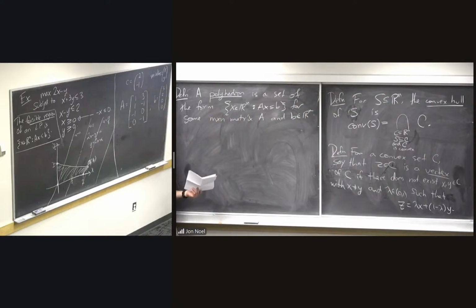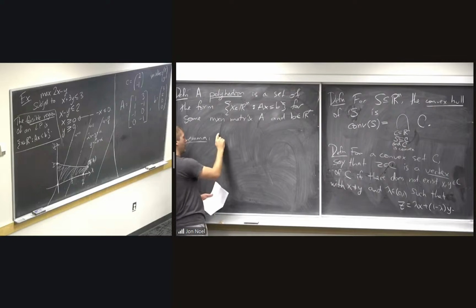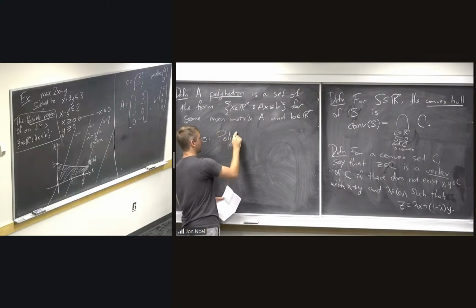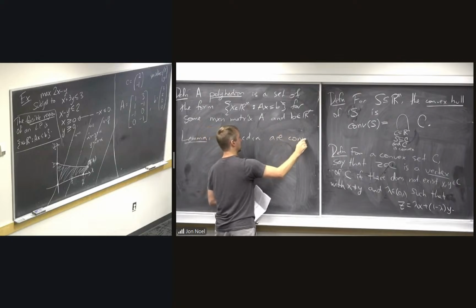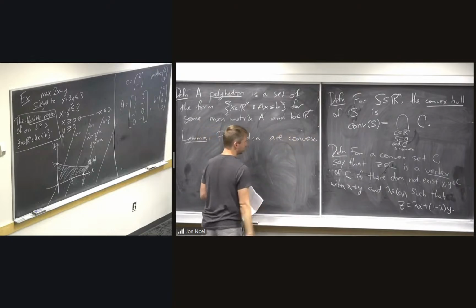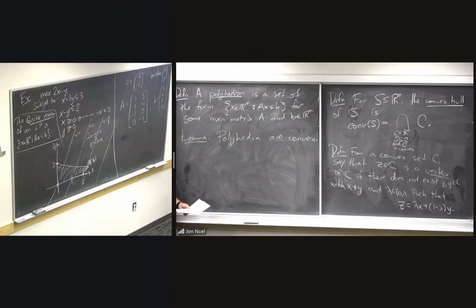In other words, the feasible points for a linear program form a set called a polyhedron. This is just coming up with a word here. Here's a lemma which is not hard to prove: polyhedra are convex. I'm not going to prove this, but it's clear from the definition, by linearity.